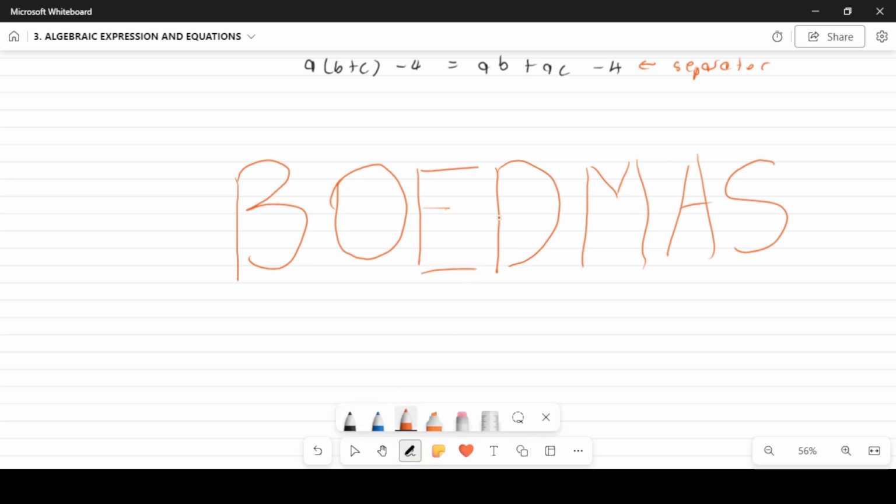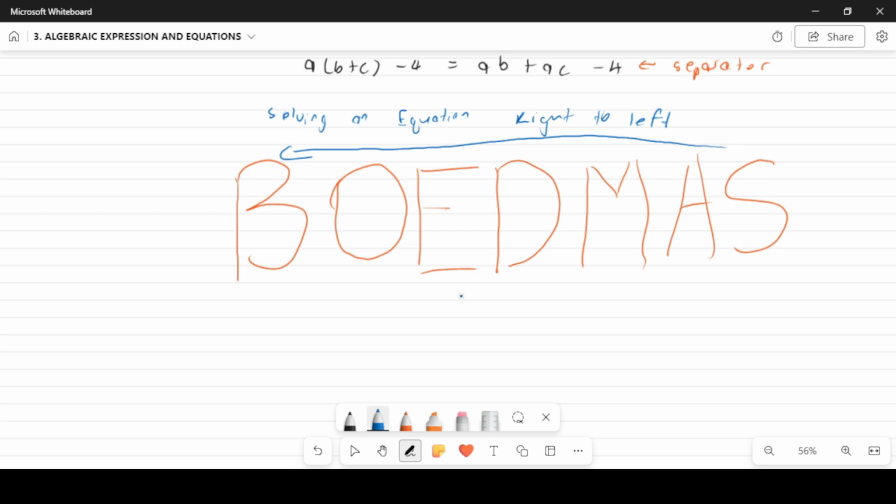Whenever you are solving an equation, let me write this down here. Equation. When you are solving an equation, you follow Bodmas from right to left. So going from here this way, right to left.